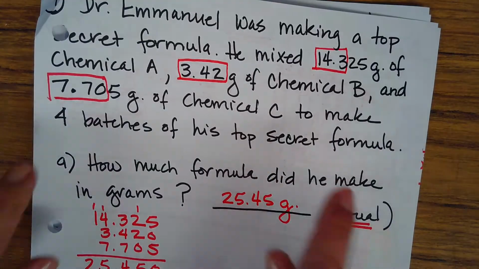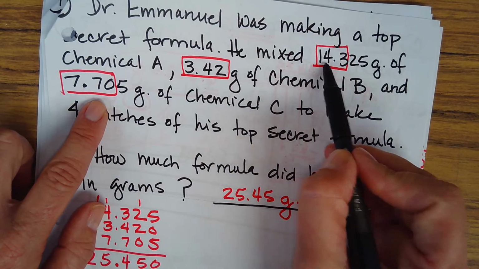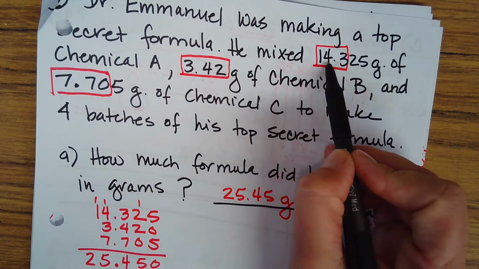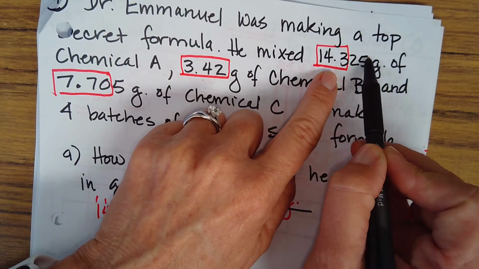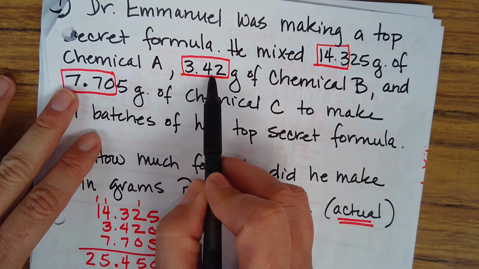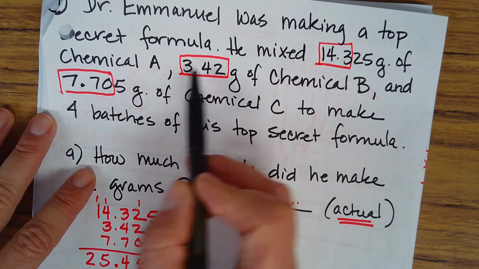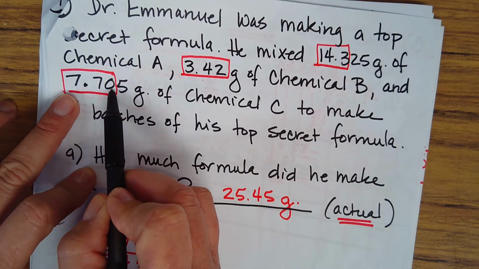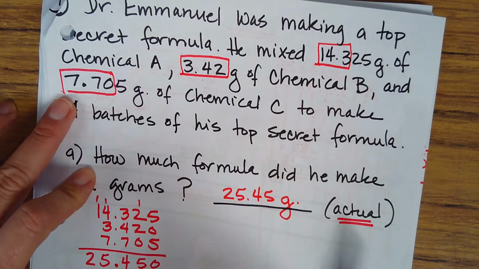I just looked up here and I went, well, it rounds to the nearest tenth, 14.325. I know that if this rounds to 3, that just stays 3. Then here, 3.42, well, 2 is just going to keep 3.4. That's going to stay 4. And 7.705, well, 5 just rounds the 0 to 1. That's going to remain the same.